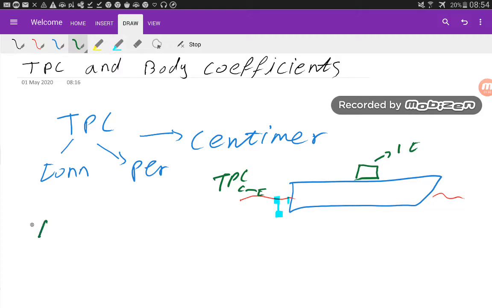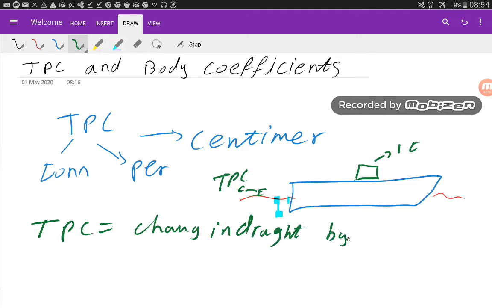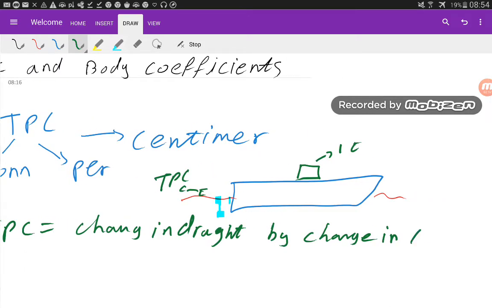So by the definition, TPC is change in draft by change in displacement.